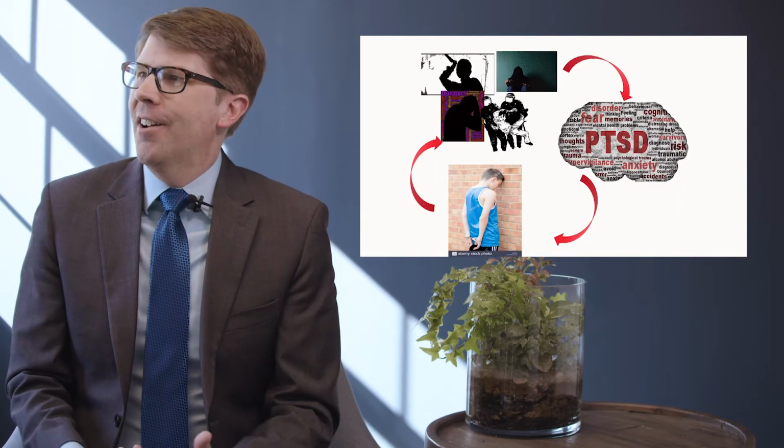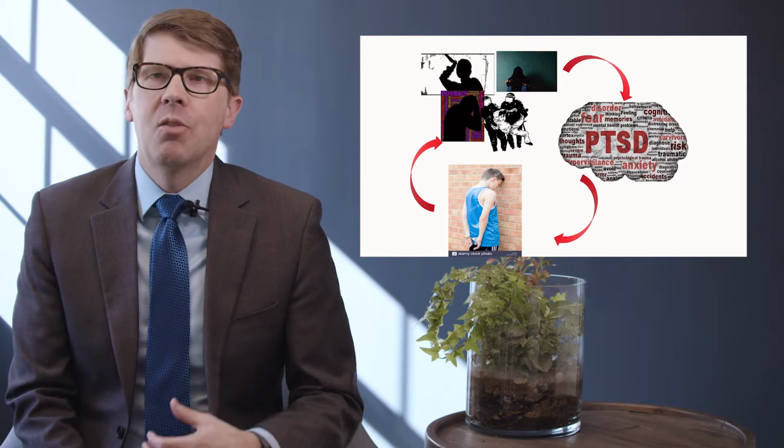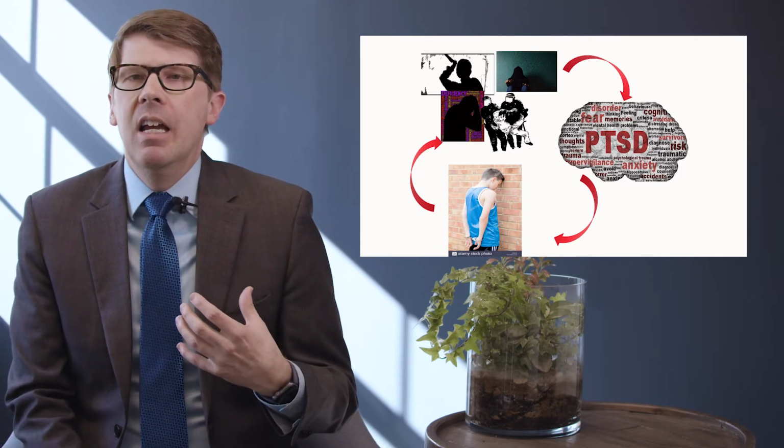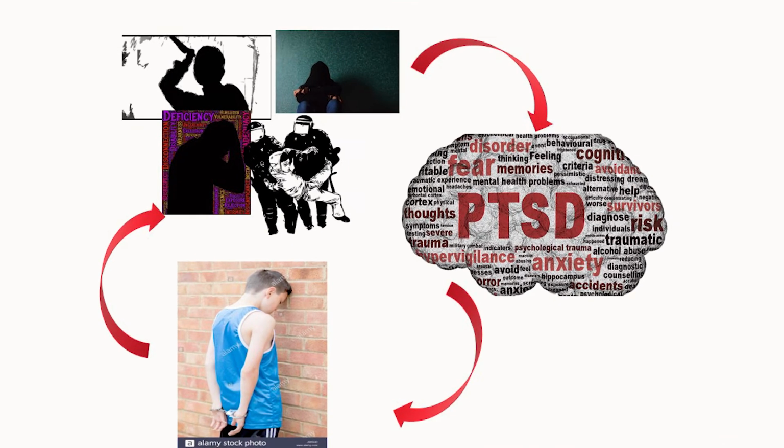And why are we focusing on this overall? It's because what we know is that many youth are going to experience traumatic event exposures. A smaller but still substantial subset of those youth will go on to experience clinically significant trauma reactions that can be diagnosed as post-traumatic stress disorder.